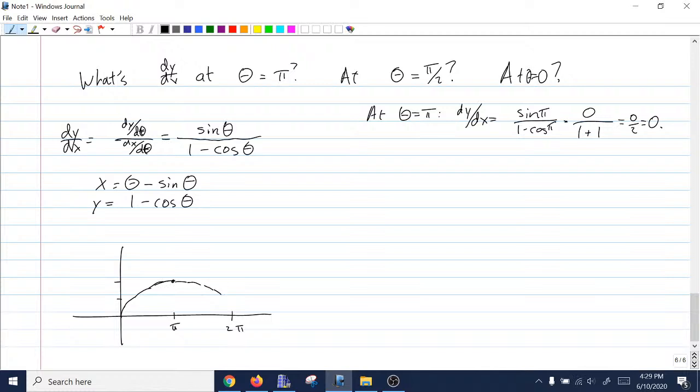At theta equals pi, that's supposed to be the top of the curve. When you have a local maximum, your slope should be 0. All seems well in the world.